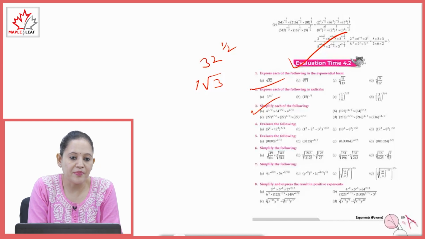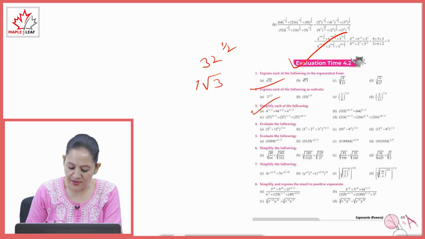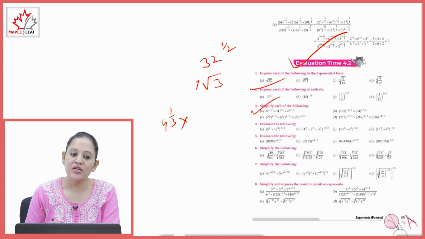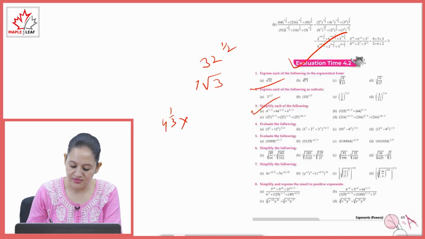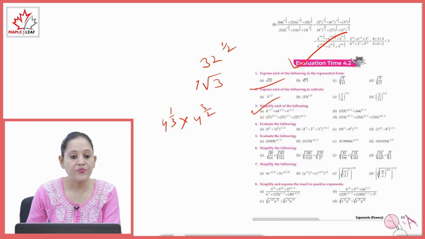4 is to power 1/3 multiplied by 64 is to power 1/2 into 4 is to power 2/3. So 4 की power 1/3 into 64 can be written as 4 4s are 16, 16 4s are 64. So 4 is to power 3 by 2 multiply by 4 is to power 2/3.